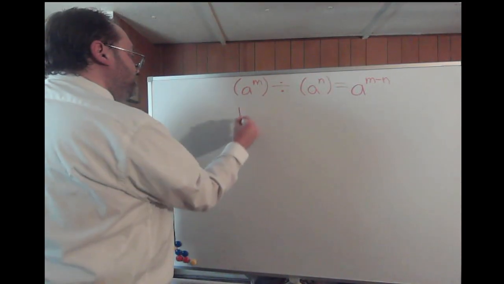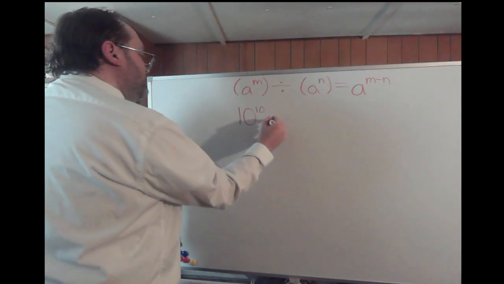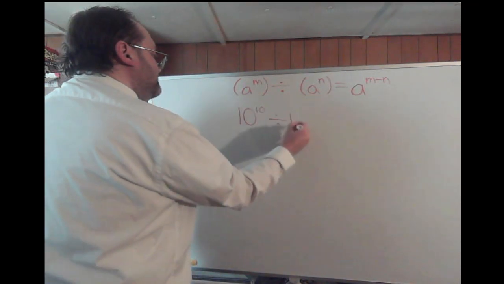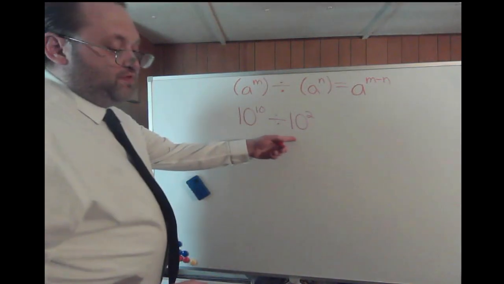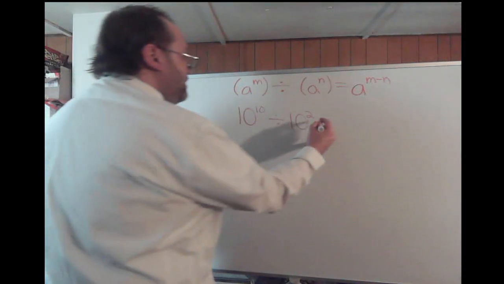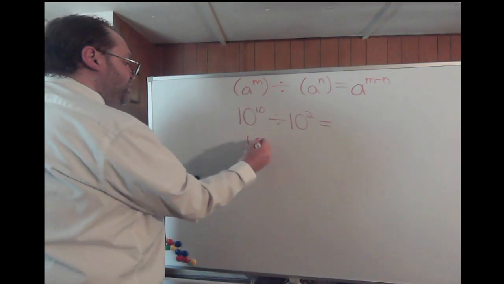Alright, so we have 10 to the 10th power divided by 10 to the 2nd power. Well, we know the base is the same. We'll keep that base 10.